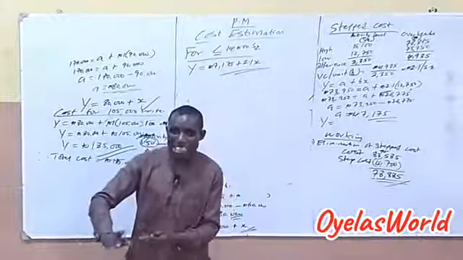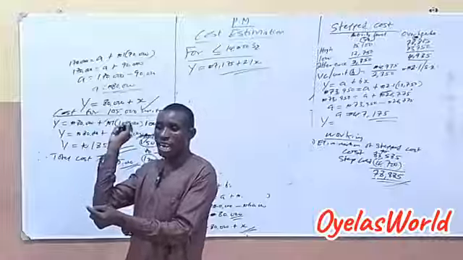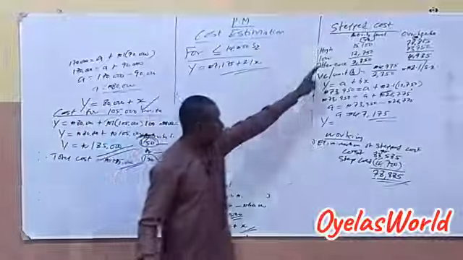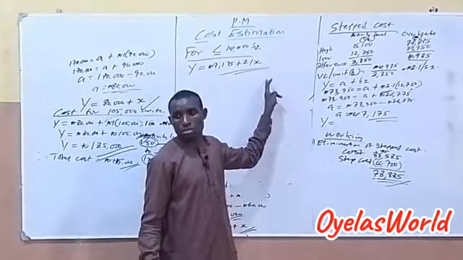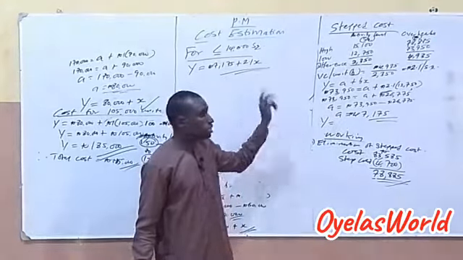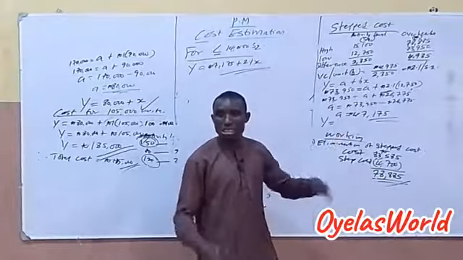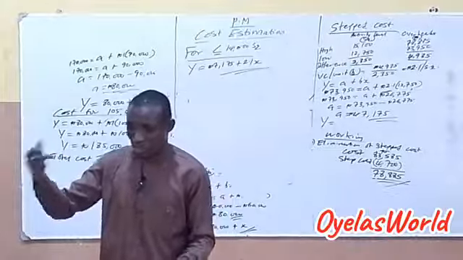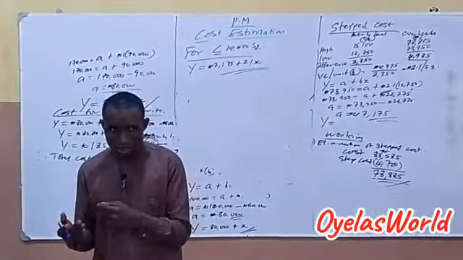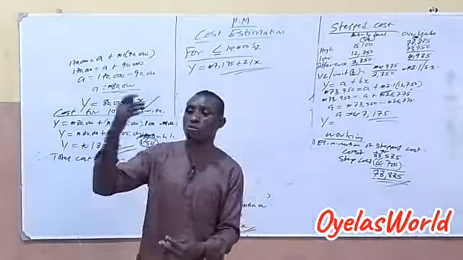But anything above 14,000, you have to include that step cost. Here, we have eliminated the step cost. If you added the step cost here, whatever you have gotten includes the step cost. So you have to take note. It's better to eliminate it. Then we are now predicting for something above.